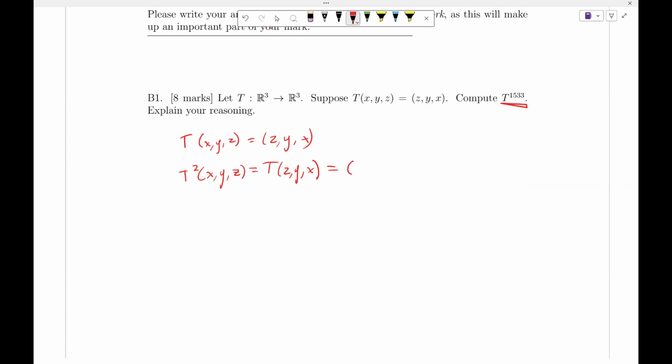So this is going to be x, y, z. This is equal to I of x, y, z. And I see some sort of pattern has developed. So T squared of x, y, z is equal to I of x, y, z.